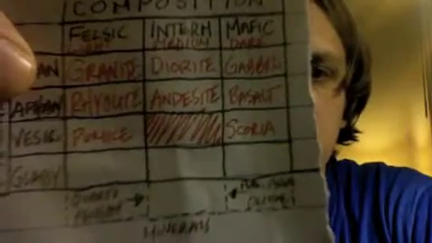Okay, so pumice is felsic, light in color. This intermediate one I'll just kind of X out. It could be pumice or it could be scoria. Scoria goes under the mafic category. It could be a dark red in color, or scoria could also be a whitish color, or it could be black in color.